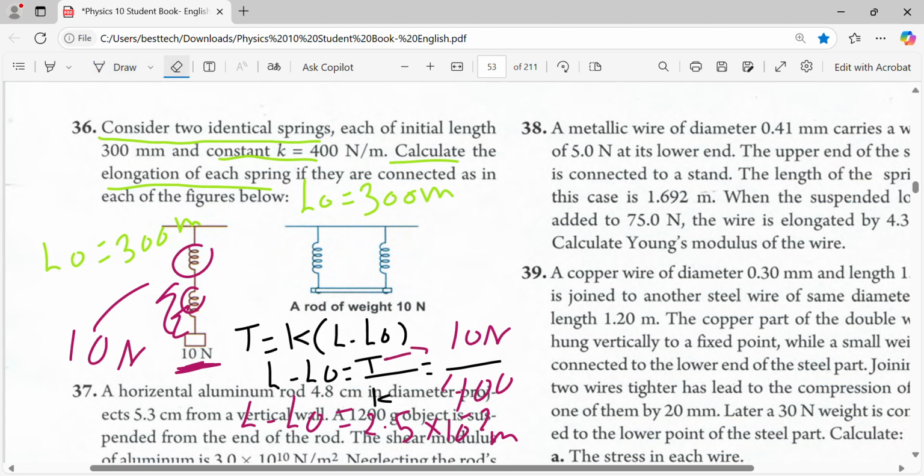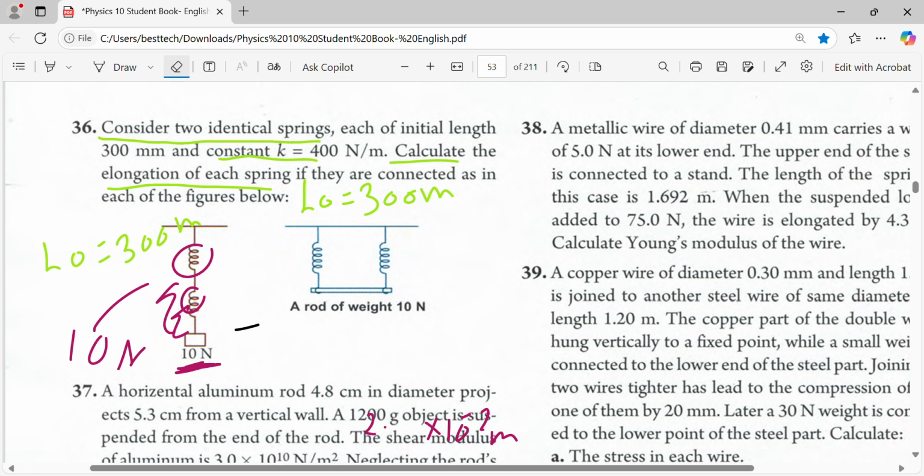But part B, look, I have to apply the same rule. Again, find the elongation for this picture. Again, T equal to K times L minus L naught.